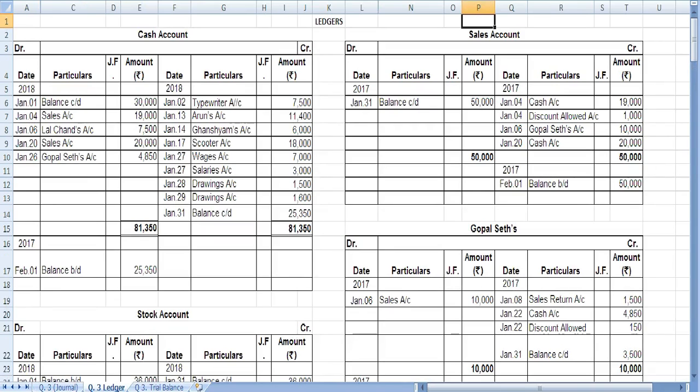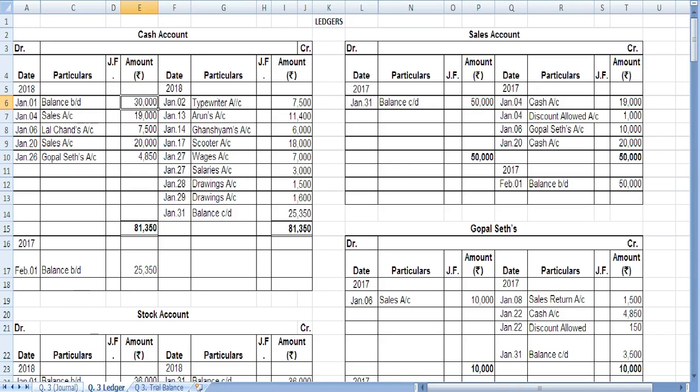So we'll write here in the cash account the opening entry. Okay, we have balance b/d 30,000, that is coming January 1, the opening entry.